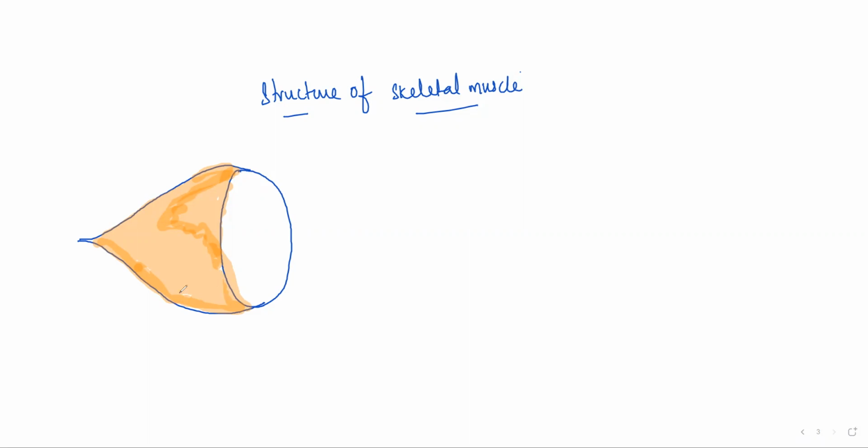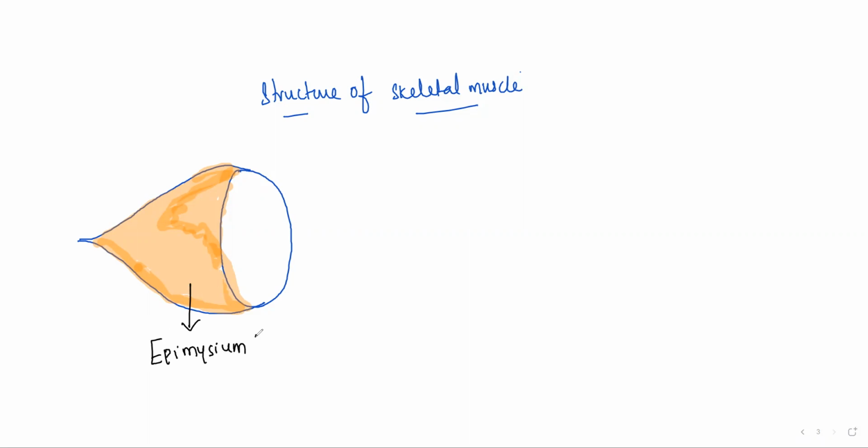Okay, so this connective tissue which is wrapping your muscle bundle, the complete muscle, is called epimysium.